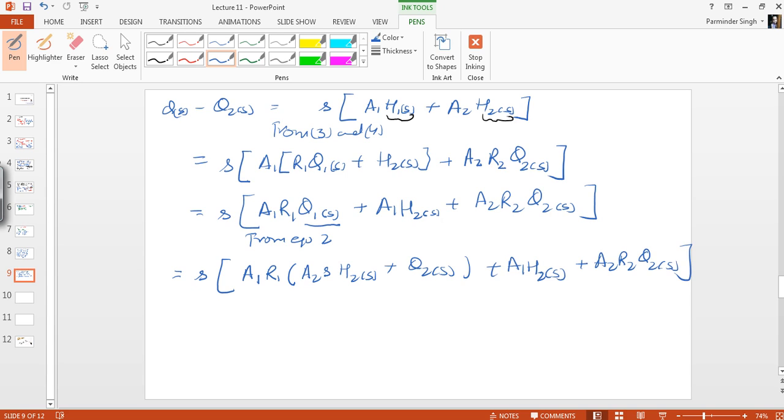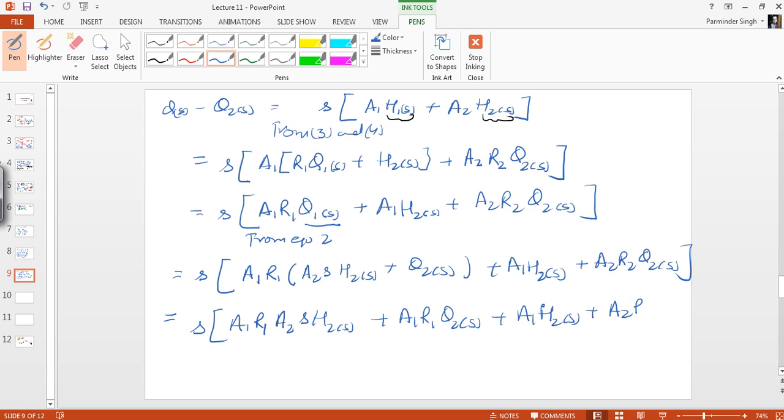Now we're going to open up the brackets, and upon rearranging, we have A1 R1 A2S H2S plus A1 R1 Q2S plus A1 H2S plus A2 R2 Q2S.